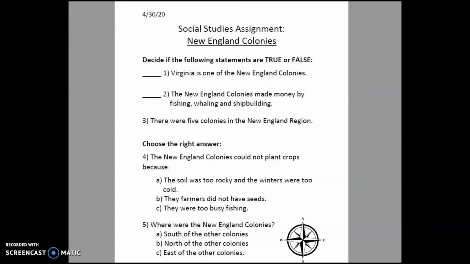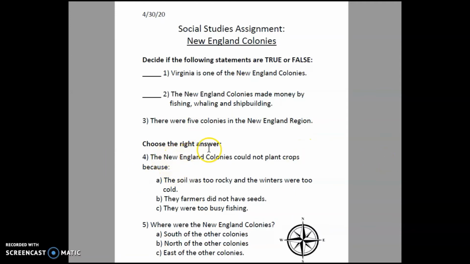Is that true or false? Do they have a colony called Virginia there? The New England colonies made money by fishing, whaling, and shipbuilding. True or false? Number 3. There were 5 colonies in the New England region. True or false? You figure it out, okay?